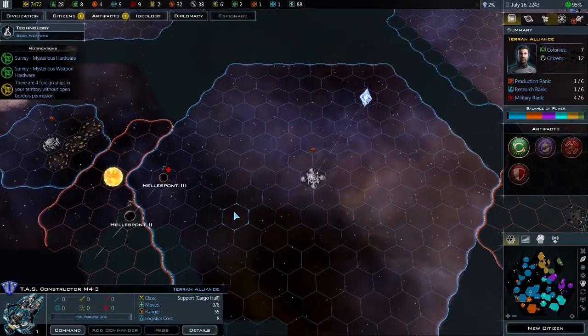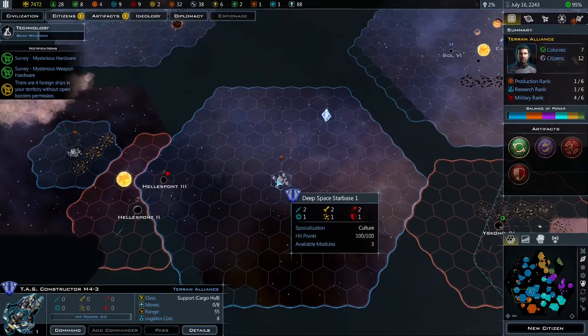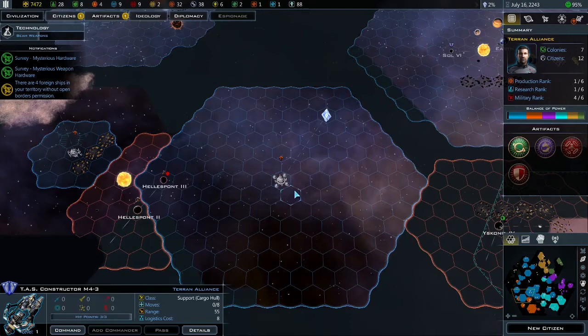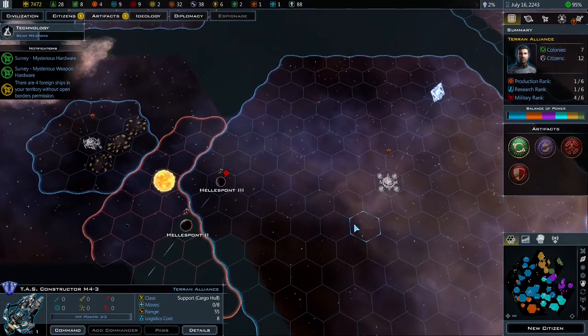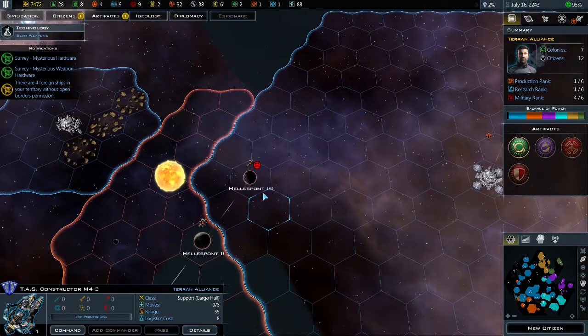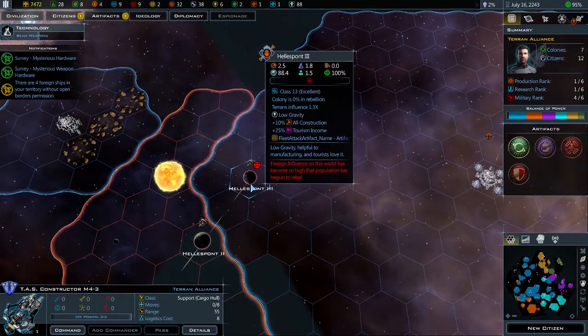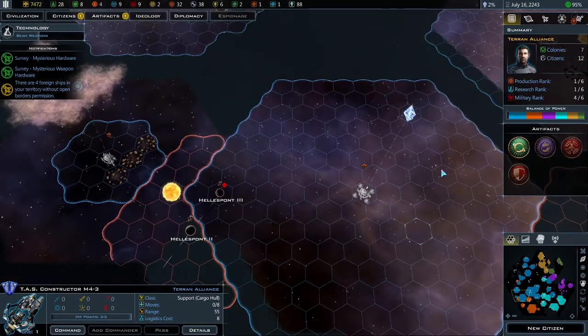And here it is, what I mean. We have an influential starbase in here that just destroyed another civilization's spaceship. I don't know why they attacked that. Anyways, here we have their colony, and we have so much influence in there that we are just influencing their colony as well.